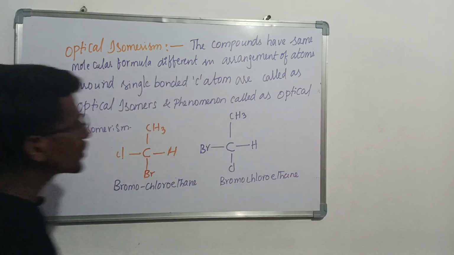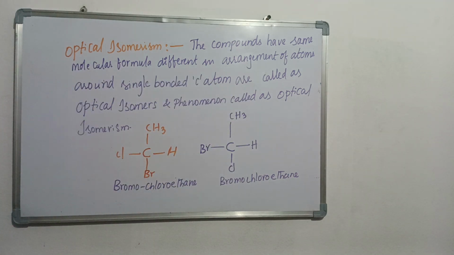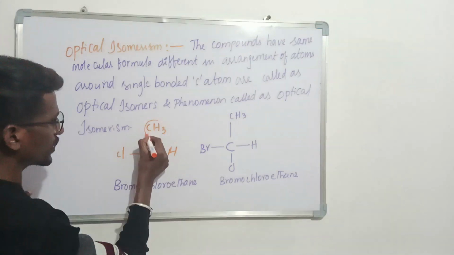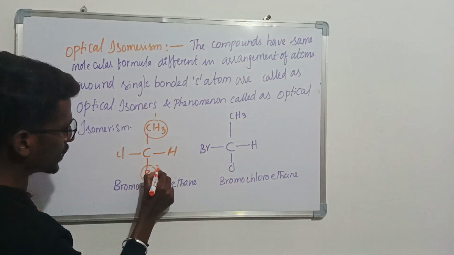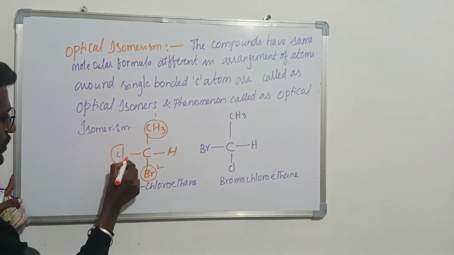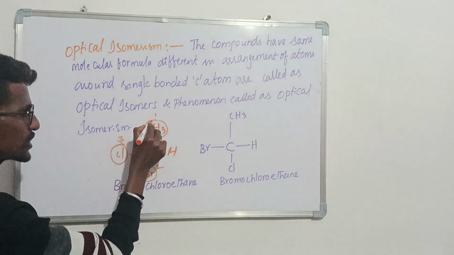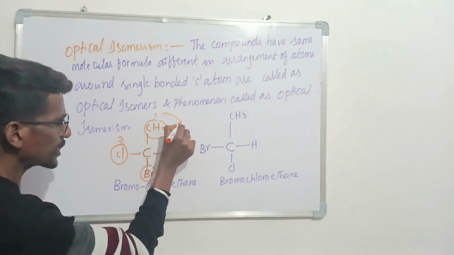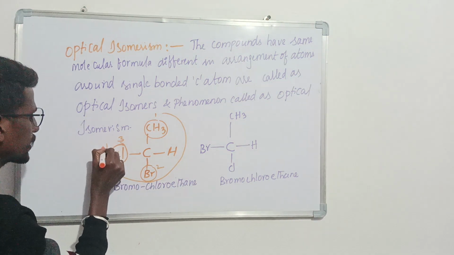Bromochloroethane. This carbon contains four different groups. When we give the priority, the methyl group is given first priority, then the bromine group second priority, and the third group third priority. Based on the priority, we connect 1 to 2, 2 to 3.